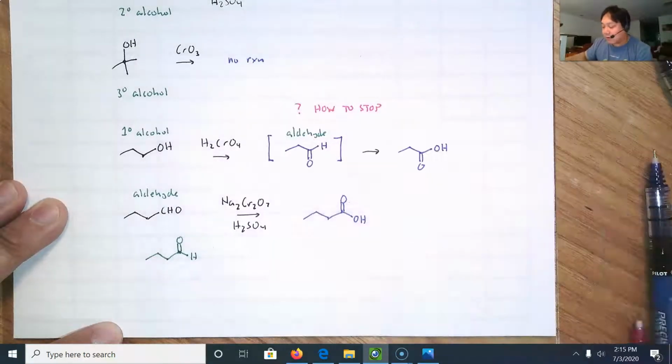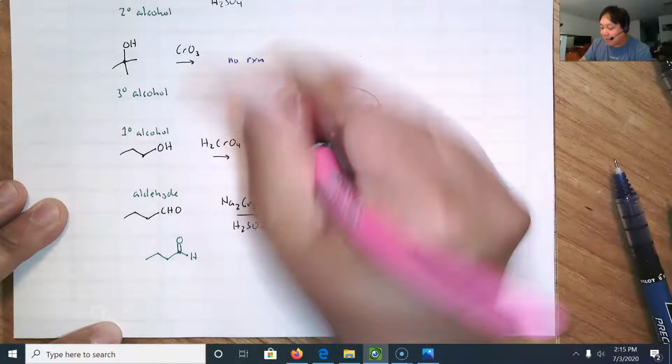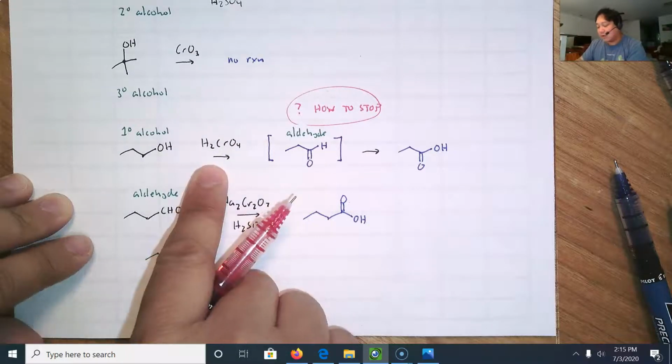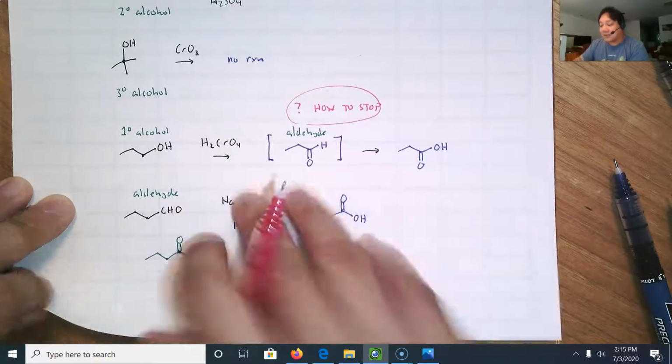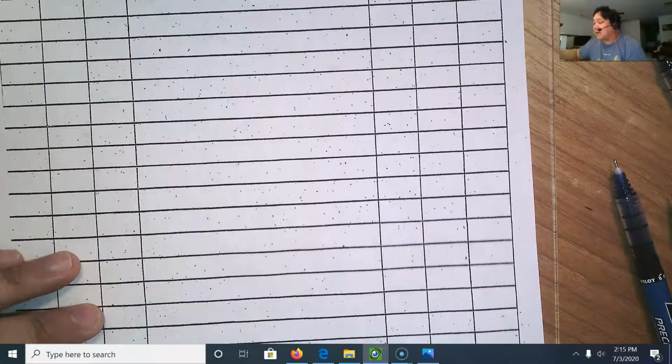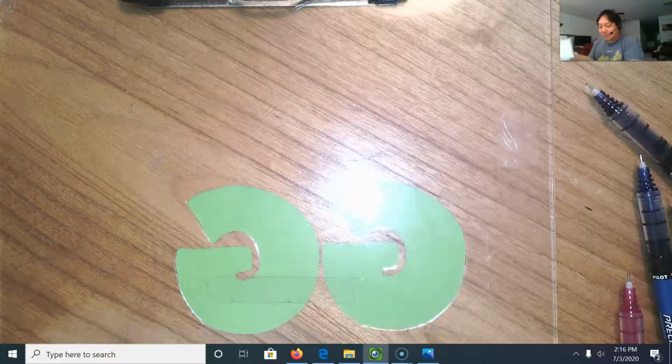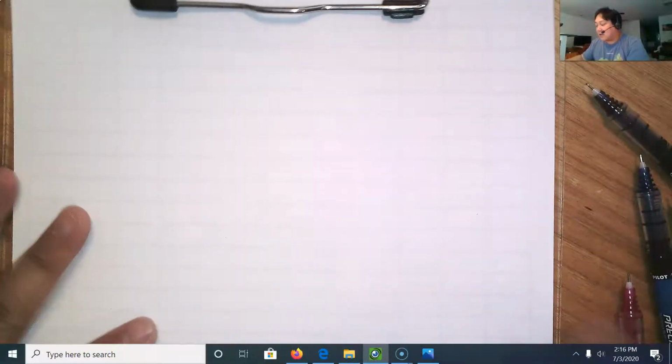But I want to know, what if I do have a primary alcohol and I want to stop here? I can't use this reagent because it will continue reacting. It will continue oxidizing. That is reaction H. Reaction H is a special reagent that stops the oxidation of primary alcohols at the aldehyde.